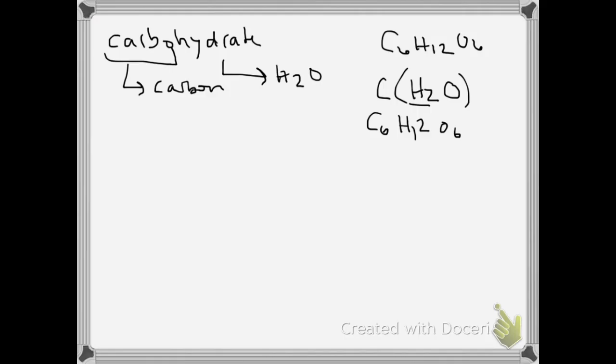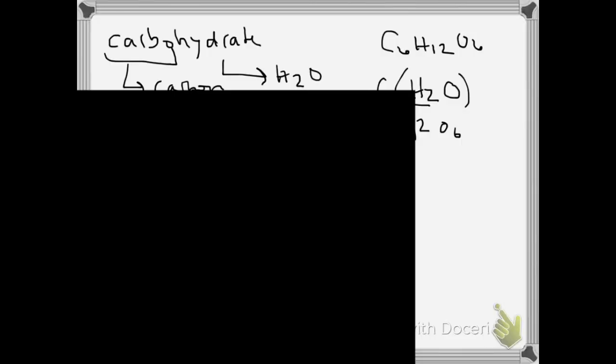If you've ever looked at a carbohydrate, let me throw up a picture of one. So if we look at these different carbohydrates and we use this formula, we have carbons.